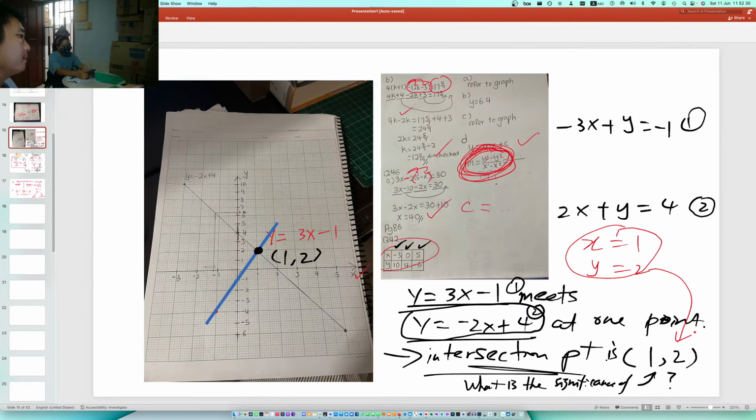Compare this to this intersection point. What does it mean? It's the same. So what's the significance of this intersection point? You don't have to read that, you just have to look at the screen. What is the significance of this 1, 2 to these two equations? x equals 1, y equals 2.